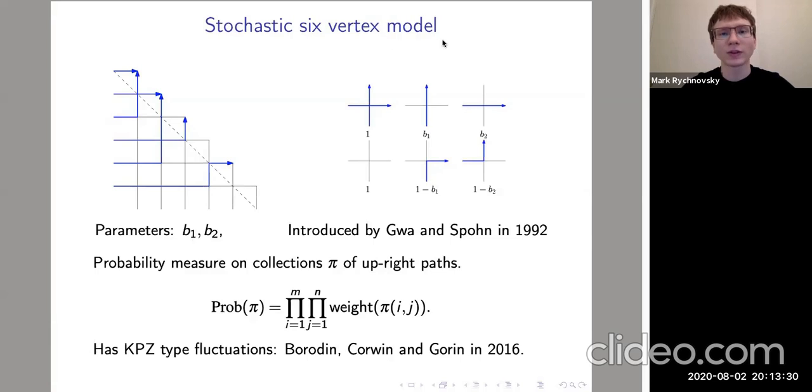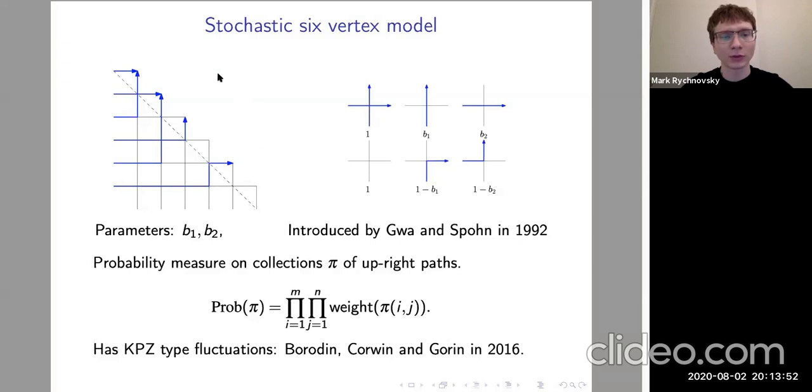So let's define the stochastic 6-vertex model. This model was introduced by Gwa and Spohn in 1992, and it depends on parameters B1 and B2, which are between 0 and 1. It's a probability measure on collections of upright paths in the upper right quadrant of the integer lattice.